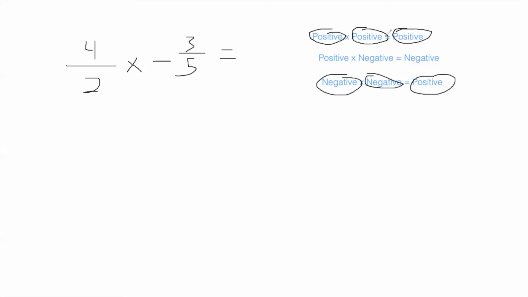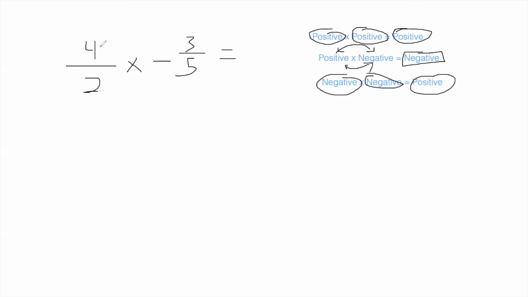The only other time it will be a negative is when the two are different. So negative times a positive, or a positive times a negative, the answer is going to be a negative. If the symbols are the same, it's positive. If the symbols are different, it's negative.